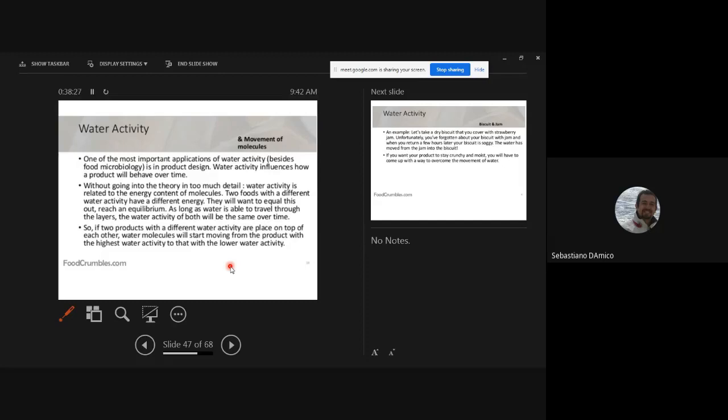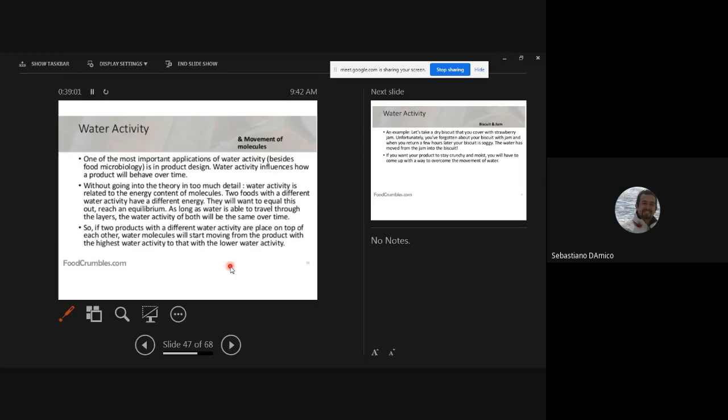We want the expiry date of a particular food to be as long as possible, but at the same time, we don't want to lose any flavor or consistency. So there is a big branch of science that looks into this, especially in the last few decades, in which it has become more and more important to stock up and to create industrial products.